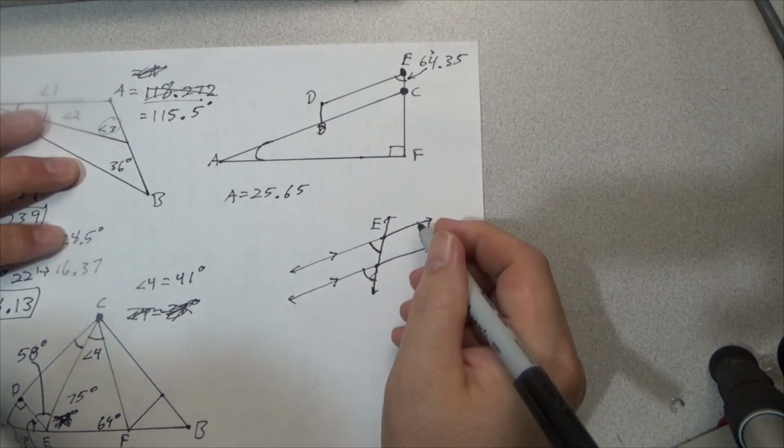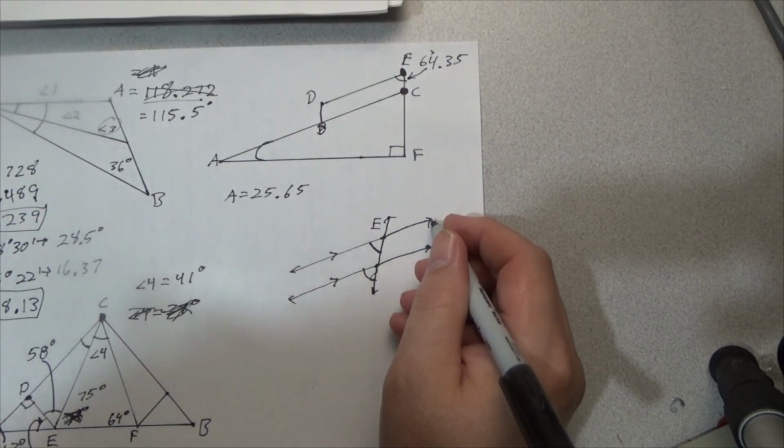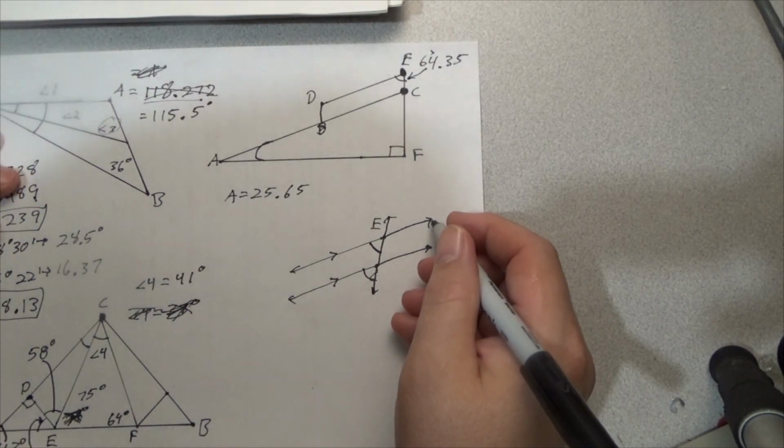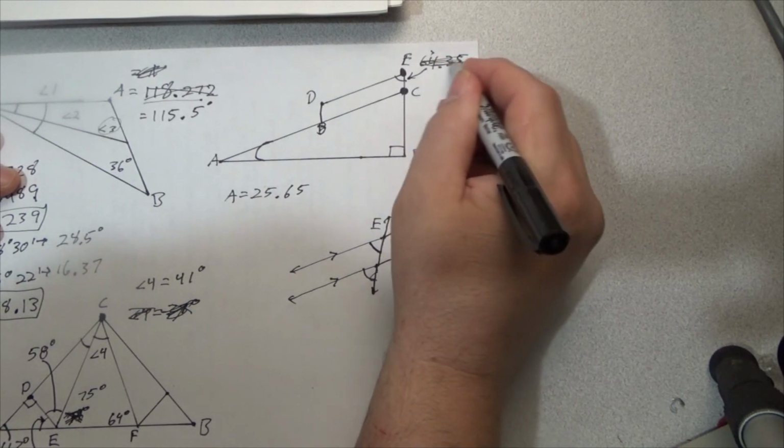All right. Then part B gives us some different instructions. Find angle E. This probably won't be the same anymore.